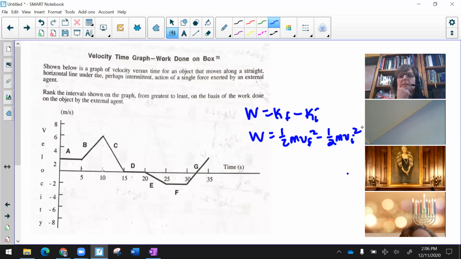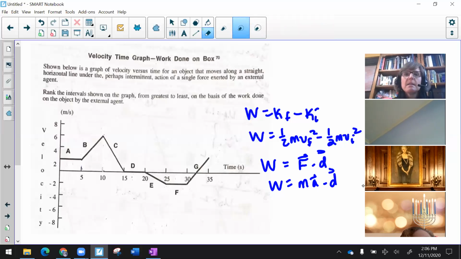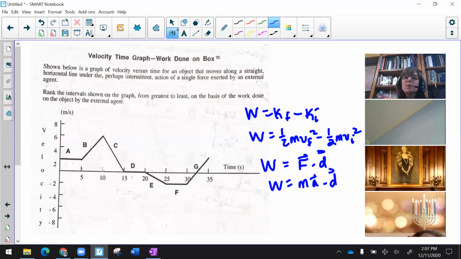Because I think that if what you're looking at is the slope, then, since the slope of a velocity versus time graph gives you acceleration, you're going to have to figure out the acceleration for each of those intervals and then multiply it by the amount of time. I don't know if that'll work. You want to talk some more, Fiona?